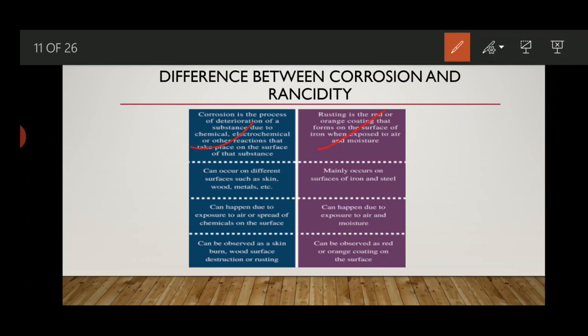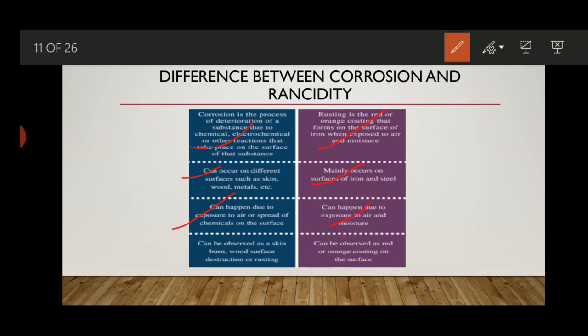Now, the next difference between corrosion and rusting is that corrosion can occur on different surfaces such as skin, wood, metal, etc., and rusting mainly occurs on the surface of iron and steel. Next, corrosion can happen due to exposure to air or the spread of chemicals on the surface, that we already discussed. Rusting can happen due to exposure to air and moisture only.